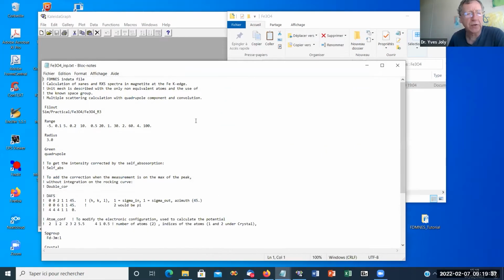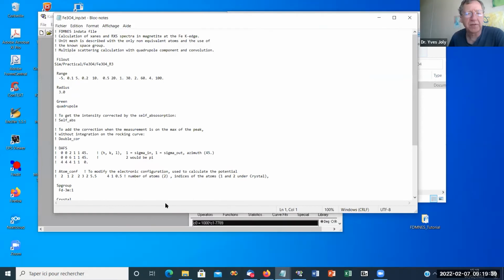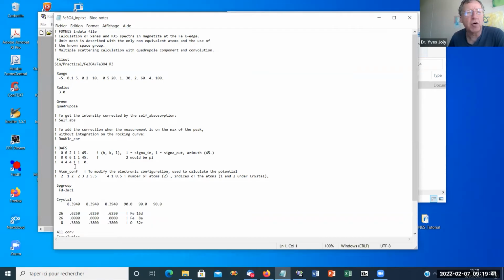So it's more or less what we saw in the presentation I did at the beginning. But here I'm not interested in the DAFS, the resonant spectroscopy, so only XANES.